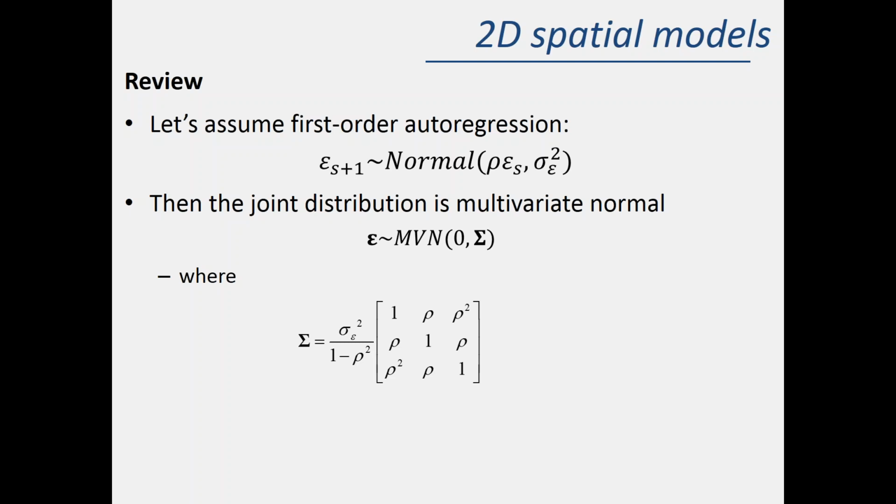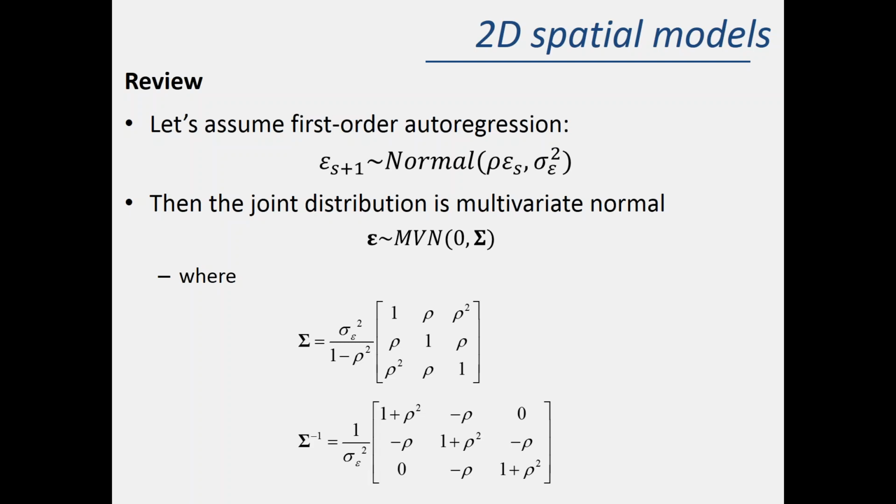And this epsilon squared is the marginal variance of the process, and it has this 1 minus rho squared in the denominator because it's the solution to a convergent power series as long as rho is between -1 and 1. So that's a recap of what we've talked about through week 5.